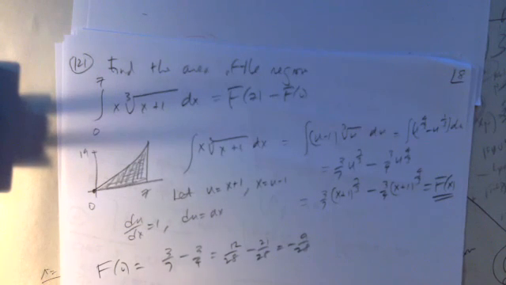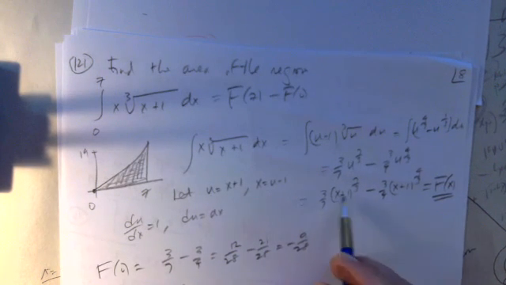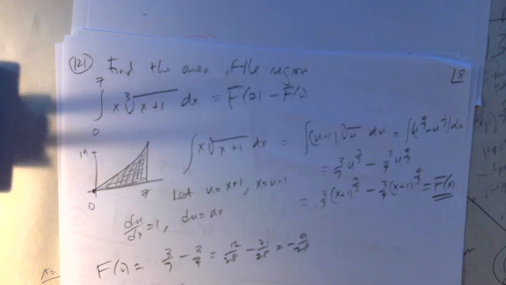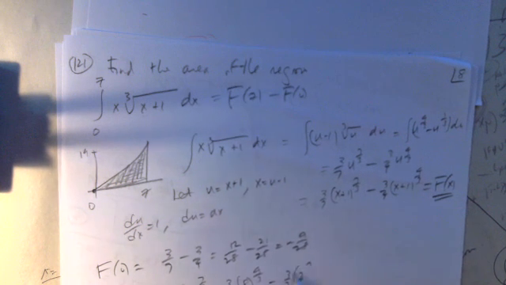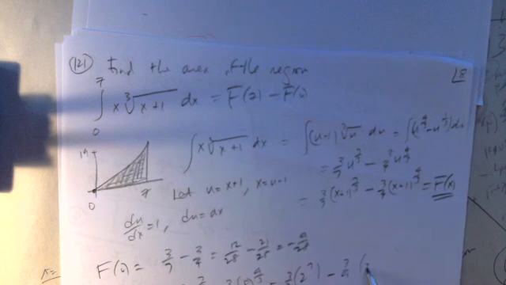What is F of 7? That's 3/7, and 7 plus 1 is 8, so 8 to the 7/3 minus 3/4 times 8 to the 4/3. 8 is 2 cubed, so this is 2 to the 7th minus 3/4 times 2 to the 4th.